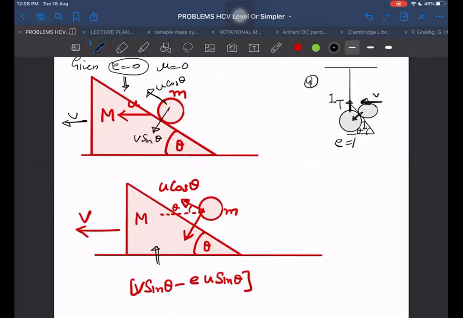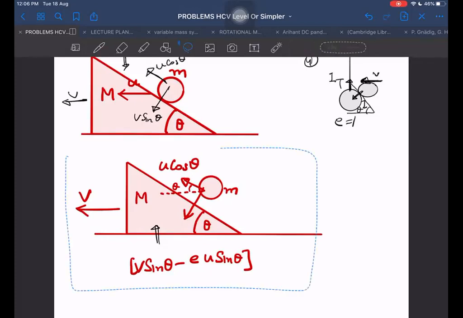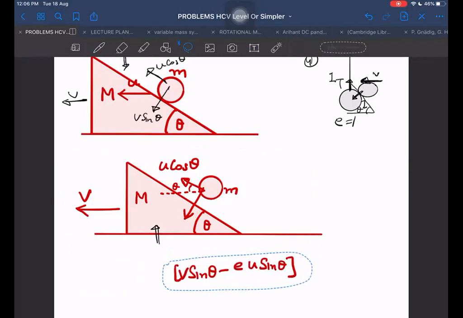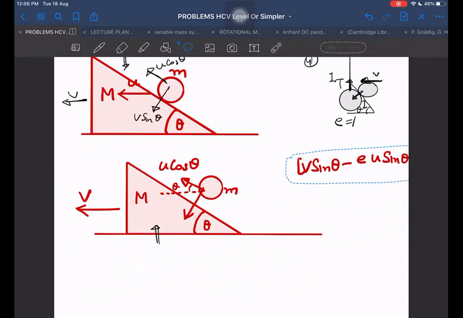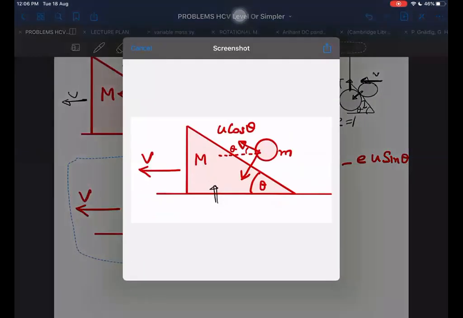Now, the second case is the case when e was not 0. And see what we will do in that. In the second case, we need to use the relative velocity of approach, our e formula.